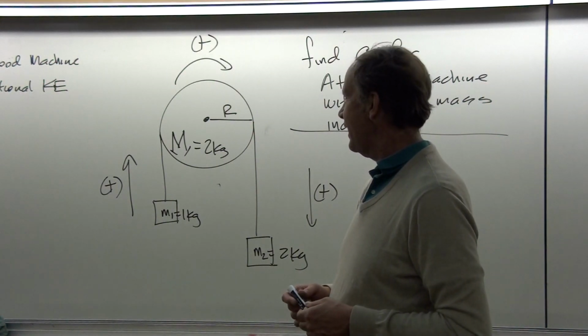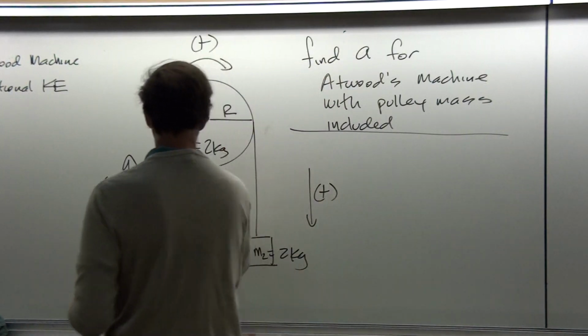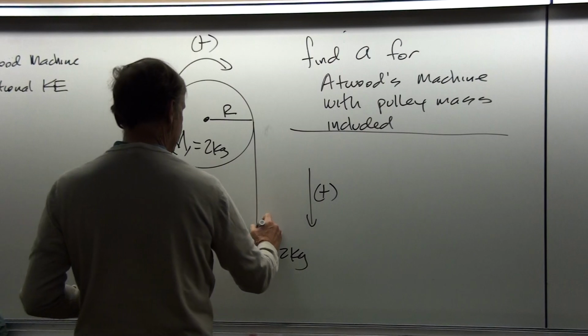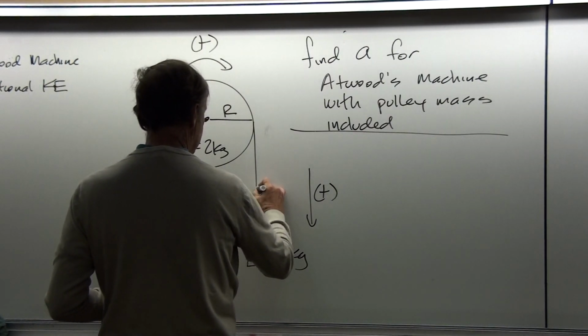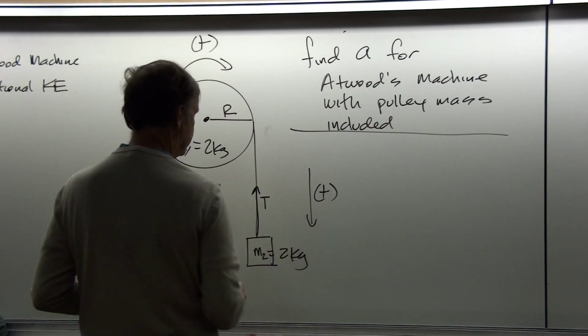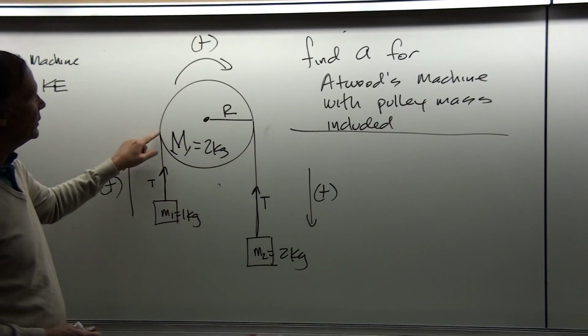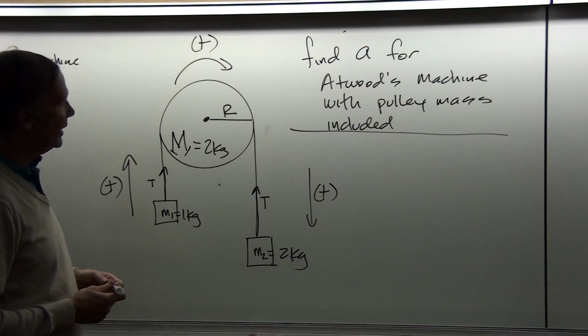Well, it turns out there are several, because the tension here pulling up on M1 is not the same as the tension here pulling up on M2. Why? Well, before it was, but that's because we were neglecting pulley mass.